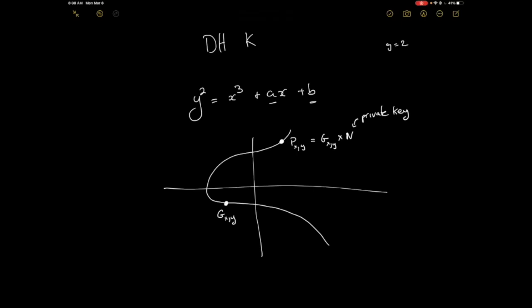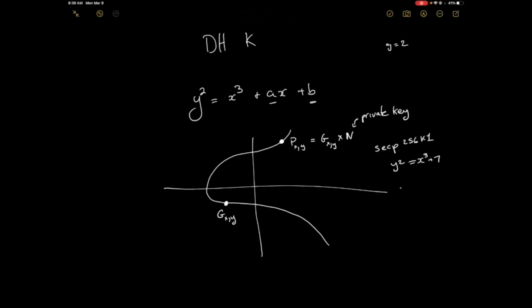The common curve that's used in Bitcoin and some other applications is the secp256k1 curve. And it just has the form y squared is x cubed plus 7. So in this case, a is 0 and b is 7.